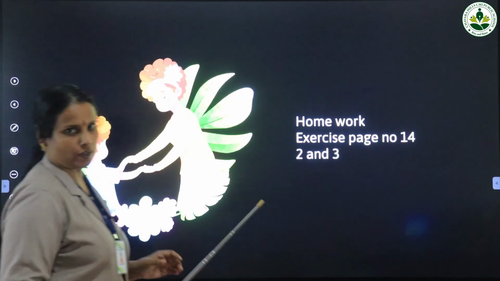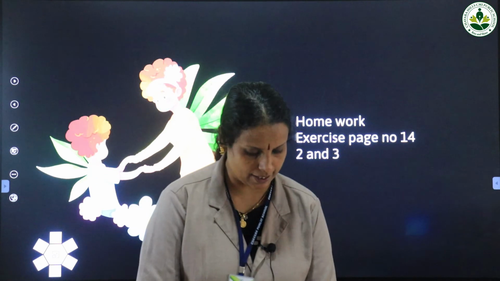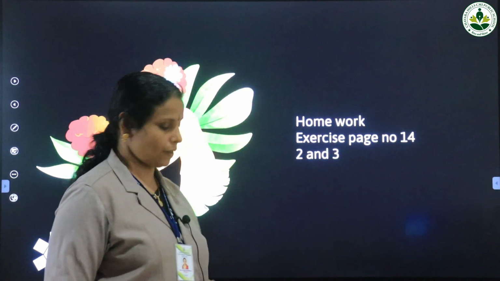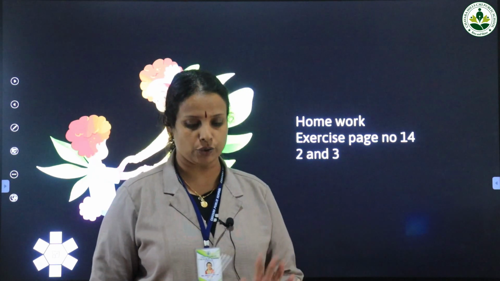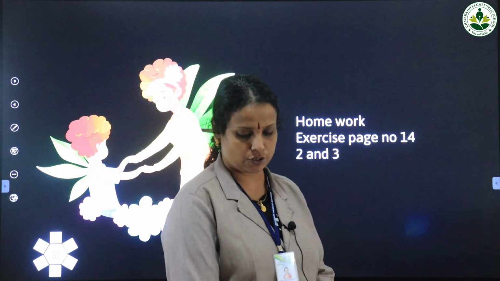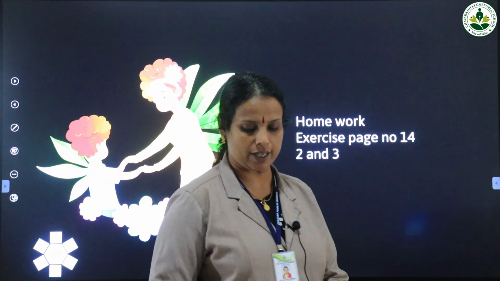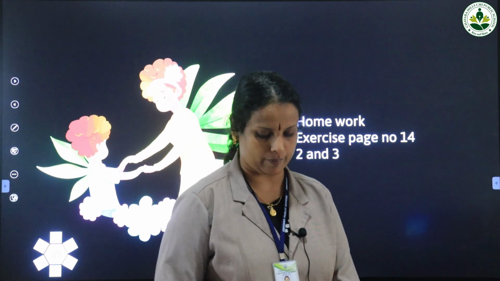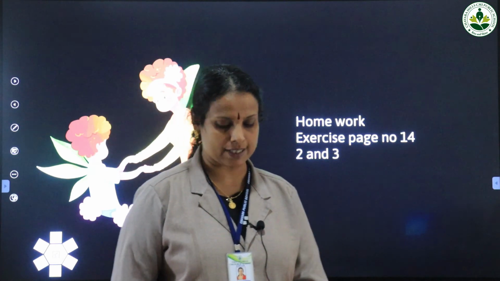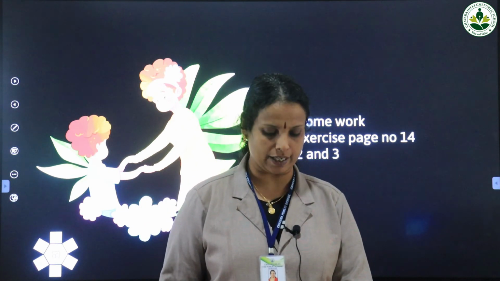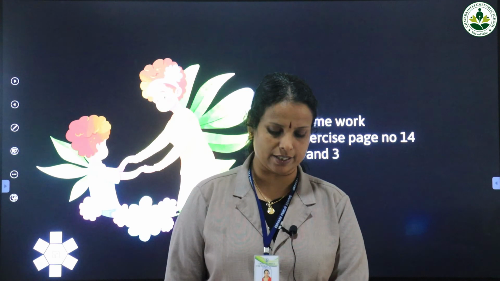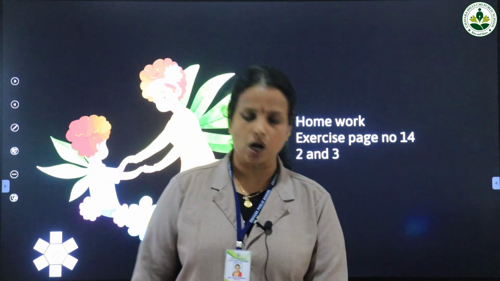Then homework for this chapter is page number 14, exercises 2 and 3 that you have to do by yourself. Exercise 2 is look at the given words and write them in the correct column. Some examples are given in a box. You have to separate them as masculine gender, feminine gender, neuter gender and common gender.